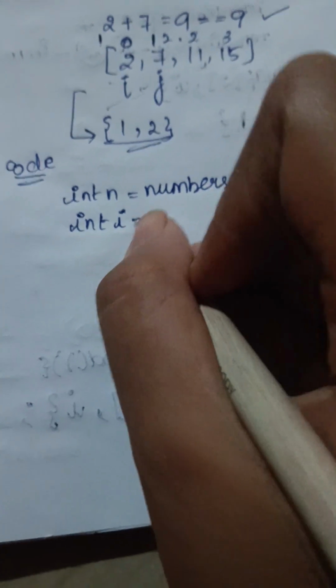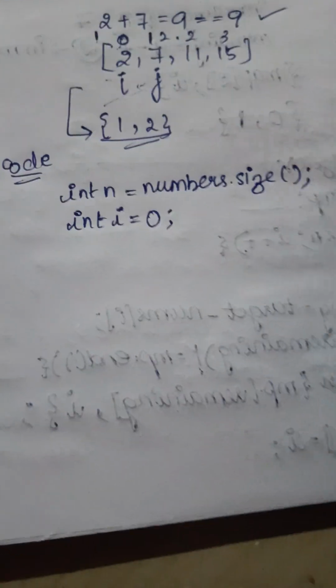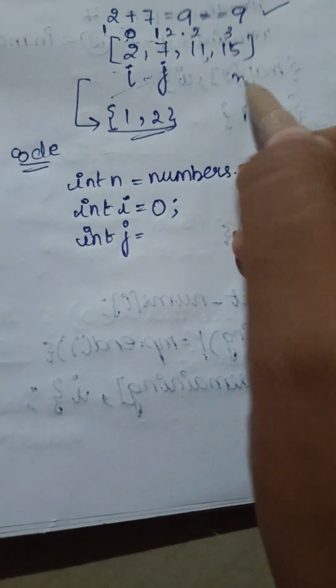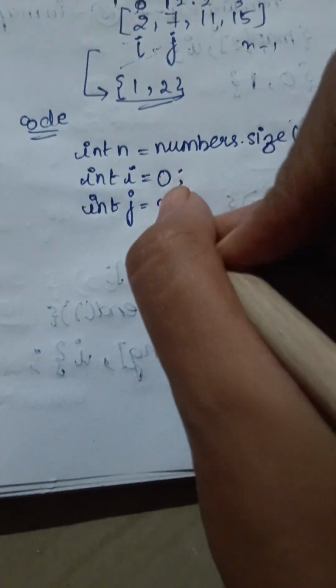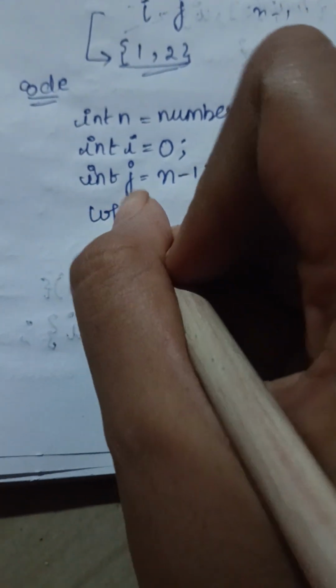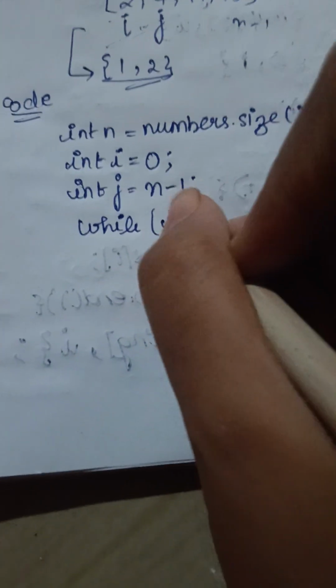Now I'm initializing the i pointer: i is equal to 0, that is the first value, that is 2. And j pointer is always towards the end, that is n minus 1. I'm using a while loop, while i less than j.